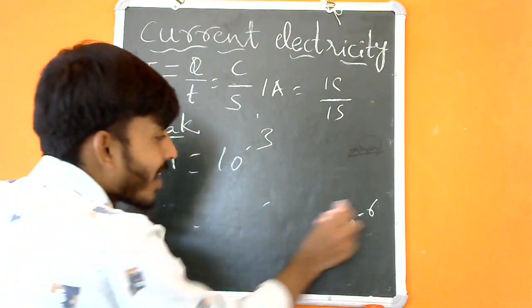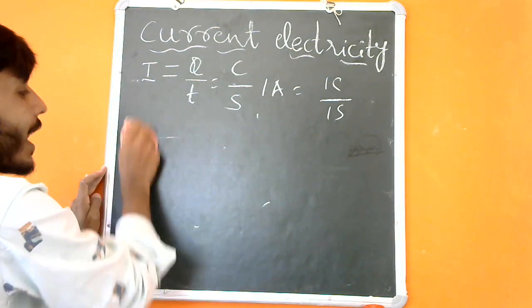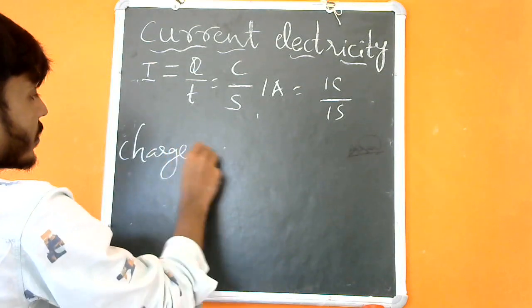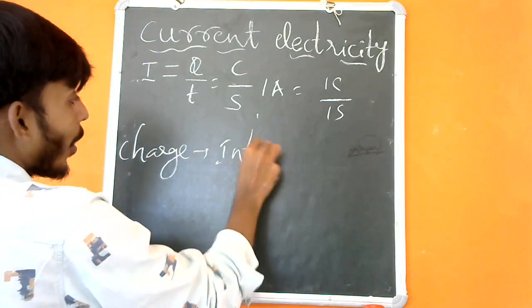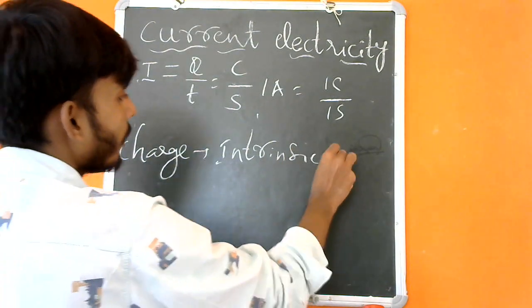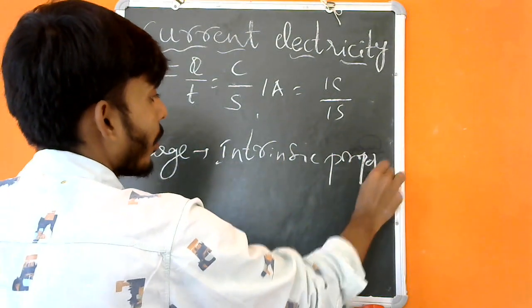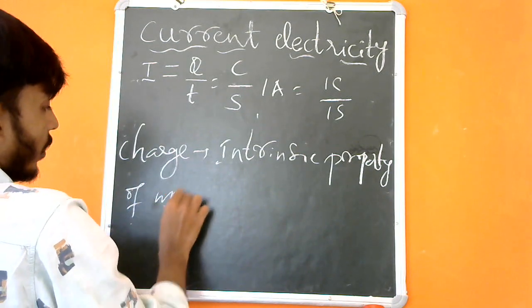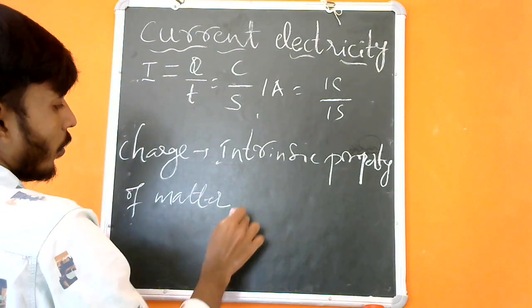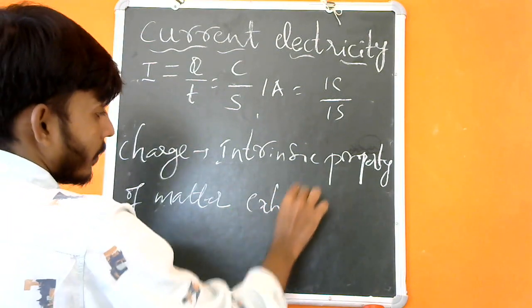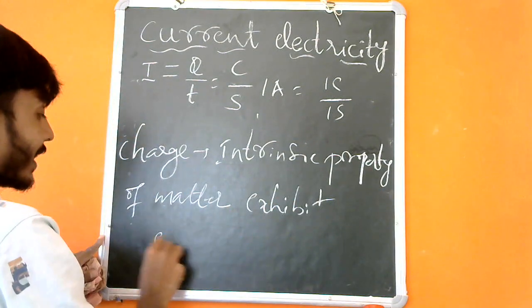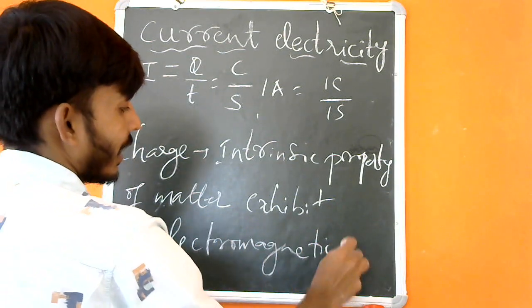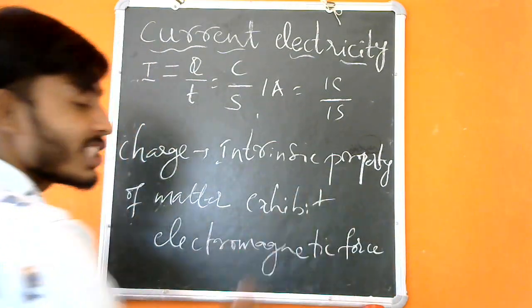Definition of the charge: charge is an intrinsic property of matter by virtue of which it exhibits electromagnetic force.